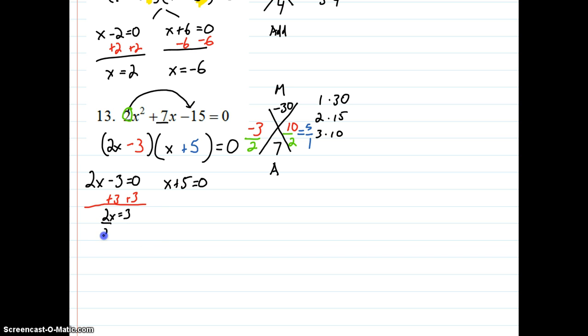Divide both sides by 2. So we get x equals 3/2. And here on this one, all we need to do is minus 5 from both sides. So we end up with x equals negative 5. So we have two answers: 3/2 and negative 5.